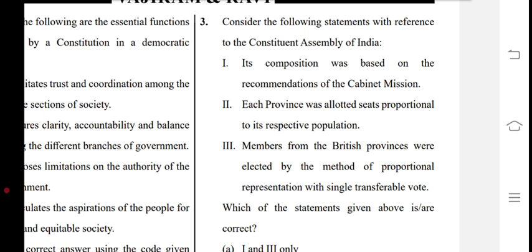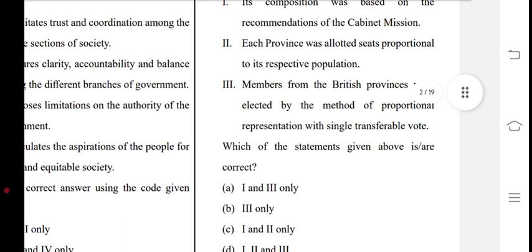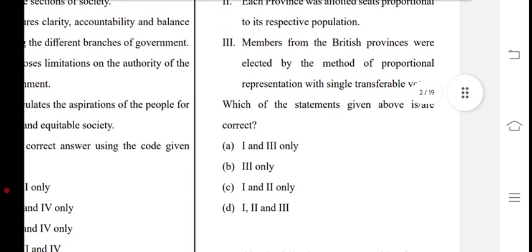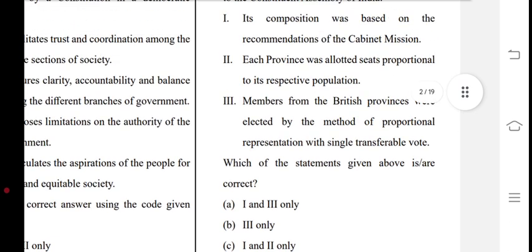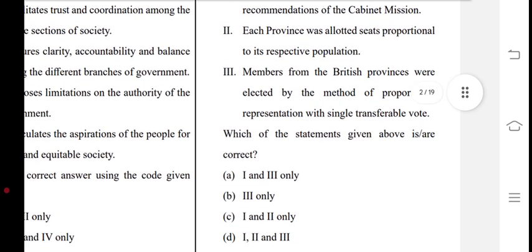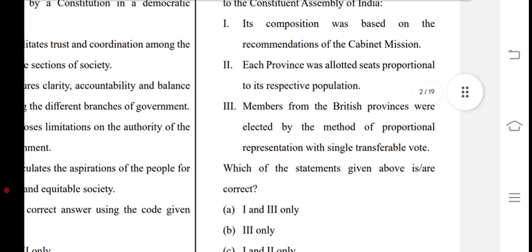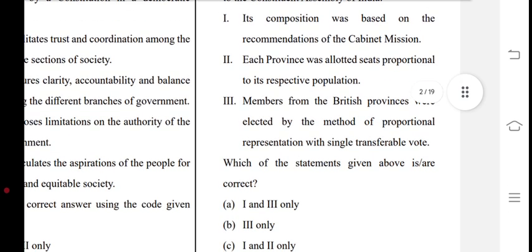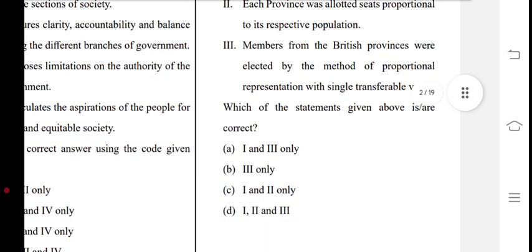Members from the British provinces were elected by the method of proportional representation with the single transferable vote. कैबिनेट मिशन रिकमेंडेशन बेस्ड ऑन कैबिनेट मिशन फर्स्ट सही है. ये फर्स्ट सिंगल फेडरल बोर्ड नो ईच एंड द प्रोविंस आर अलोकेट सीट प्रोपोर्शनल टू इट. फर्स्ट एंड सेकंड. C is correct.